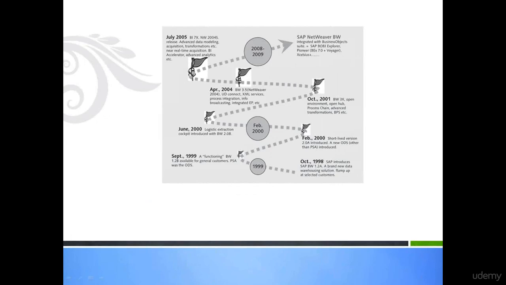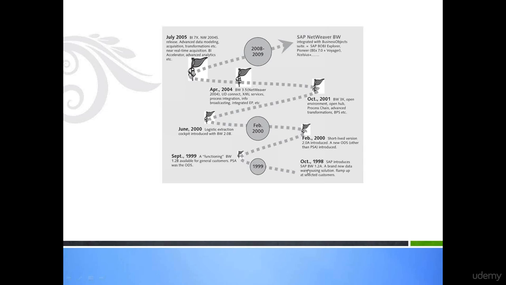Before going into BW, you should also know when SAP BW was introduced by SAP. SAP did not have their own business warehouse tool when they introduced ERP or R3. They were using different data warehousing tools, but eventually they found out they needed an in-house data warehousing tool.